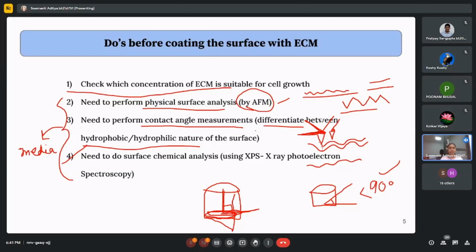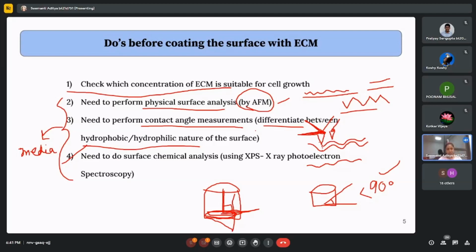These are generally done once, maybe initially while standardizing, and after that people keep using the same thing again and again, at the same concentration. Different labs will have different protocols for using an ECM matrix and different cells. So depending upon the cell that the lab works on, these are more or less standardized.